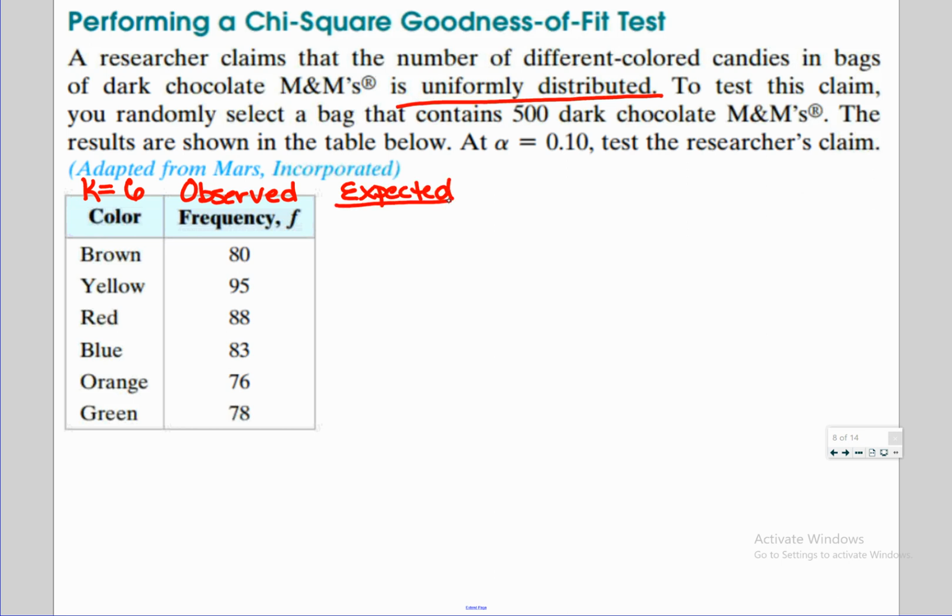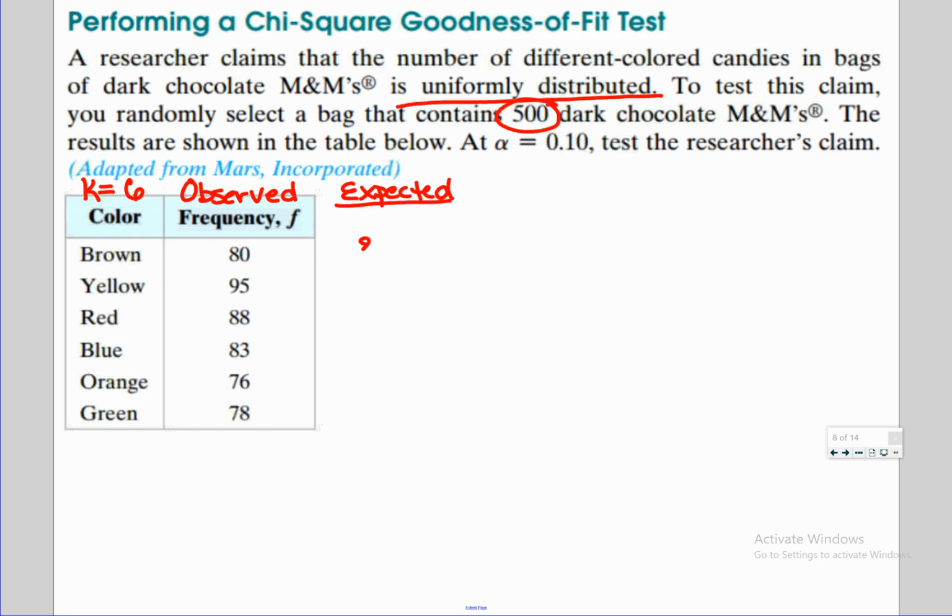Okay, now what is expected here? It's expected that there are the same amount of each color of M&Ms. So if we have 500 M&Ms, and the expectation is that there's the same number of each of them, how could I figure out E here? Right, so I already know the total. It's 500 divided by 6. And you're going to get the same E for every category if it's uniformly distributed.